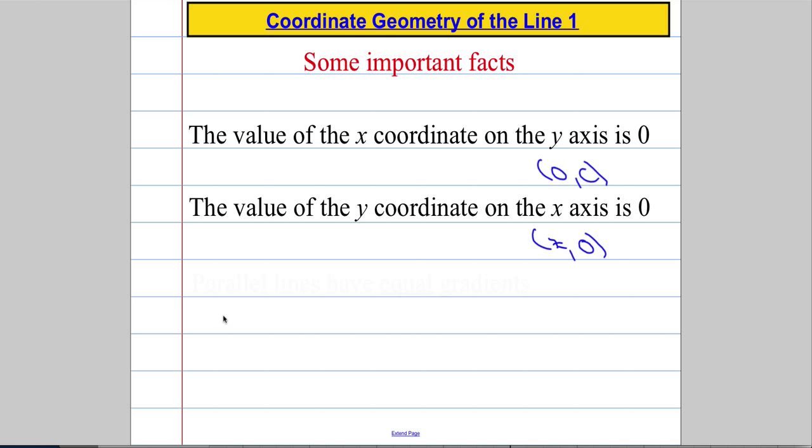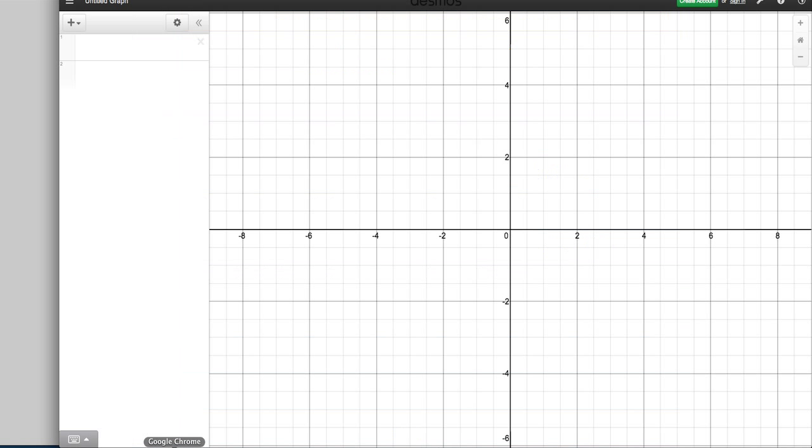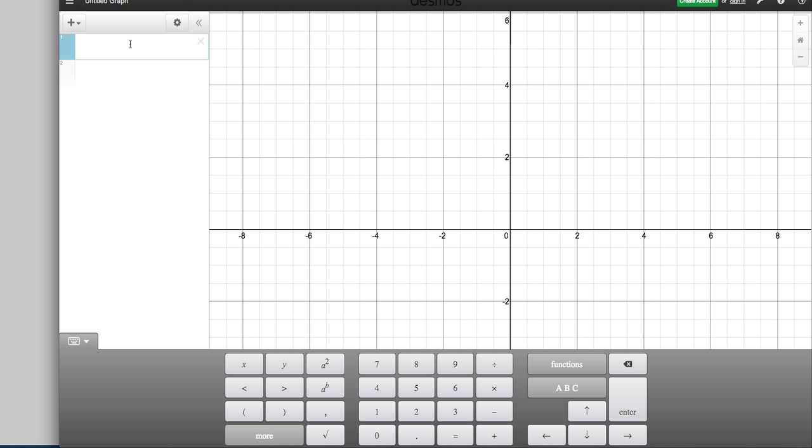And another very important fact is that parallel lines have equal gradients. Now I'm going to very briefly demonstrate this using my favorite website. So I'm just going to show you a couple of parallel lines. Suppose I do the line y equals 3x plus 1. We can see it there.